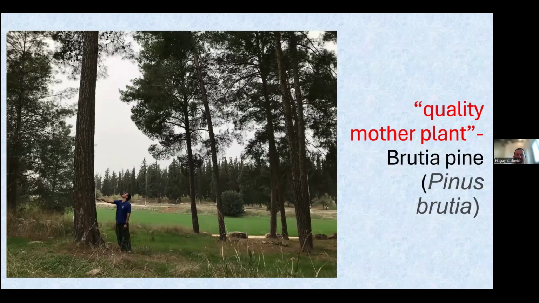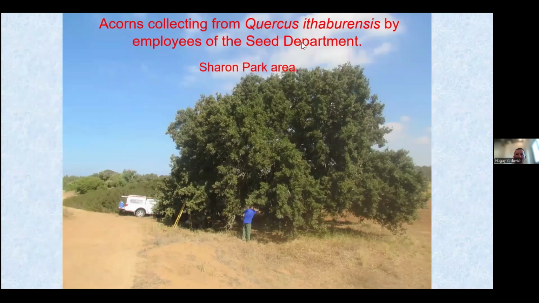Another example, this is Quercus ithaburensis in Park Sharon in Israel. You can see here on the left side of the picture, there are many Quercuses, oaks, here in the park, but there are 2 or 3 trees in the park that are much bigger than all the other oaks in the park.